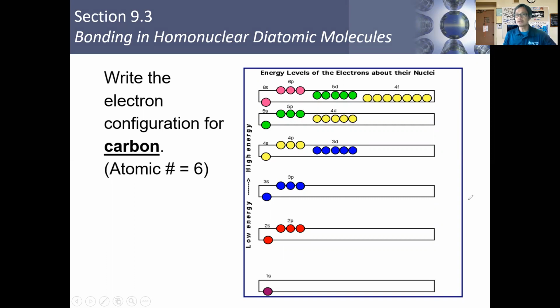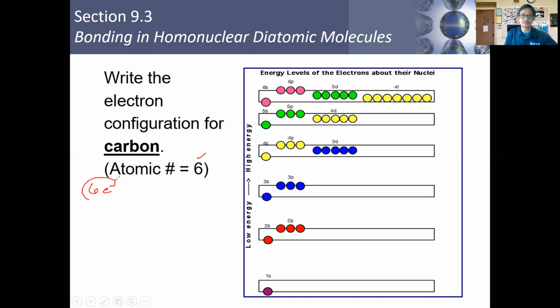So what did we do to get the electron configuration for an atom, for example, carbon here? First of all, we had to figure out how many total electrons comprise this particular atom. With the atomic number 6, we have to locate 6 electrons.